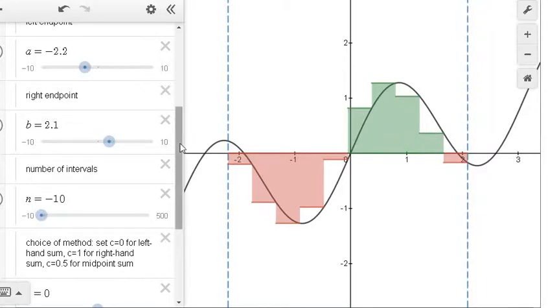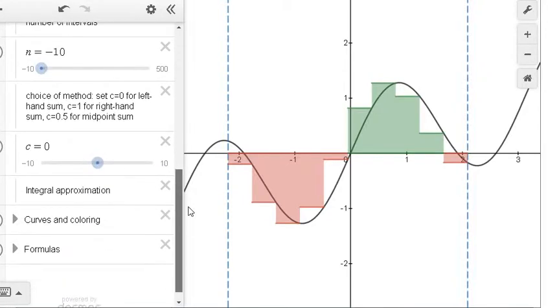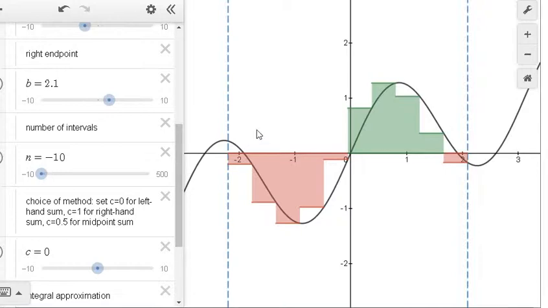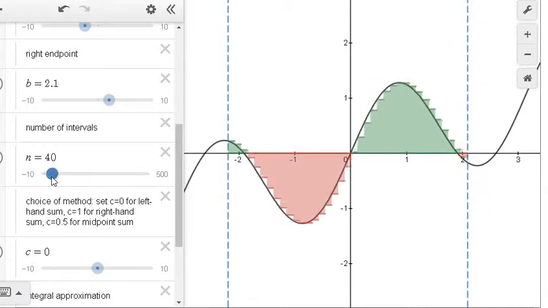We get a decent estimate, but not a great estimate. So what we're going to do is increase the number of rectangles, and that should give me a better estimate. Does that look like a better estimate of the area between the curve and the x-axis? Yes. All right. The crowd says yes. Good.